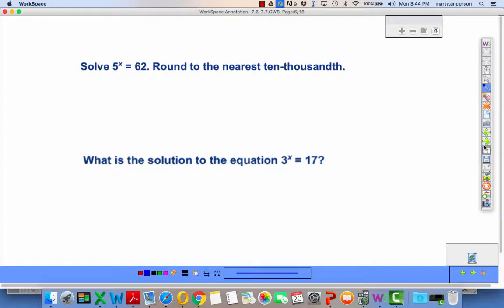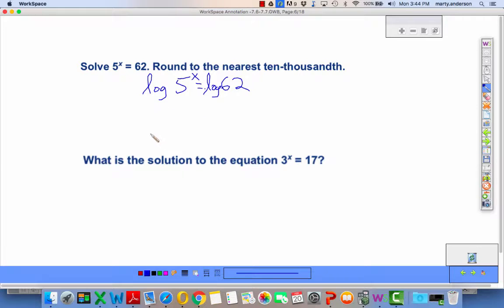Just like you're allowed to multiply both sides of an equation by anything, this is where we start solving for variable exponents. What we're allowed to do here is take the log of both sides. So I'm going to do log of 5 to the x and log of 62.